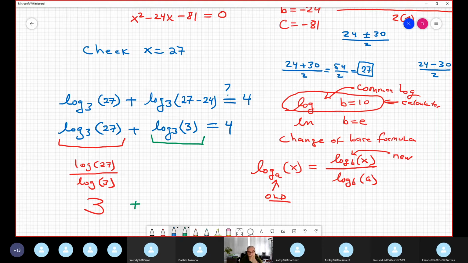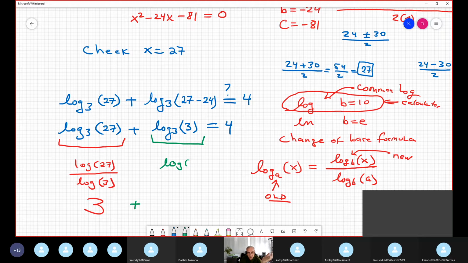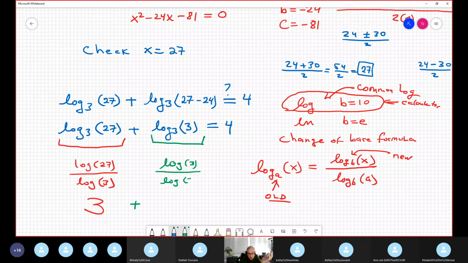Logarithm base 3 of 3. Come on, guys, using the same idea. Logarithm base 3 of 3 is 1. It's obvious because there is a perfect coincidence between the base number and the number inside the argument.